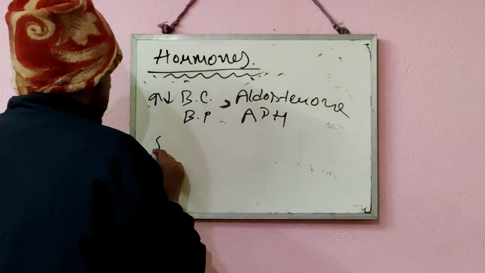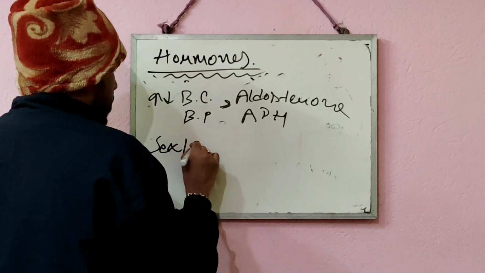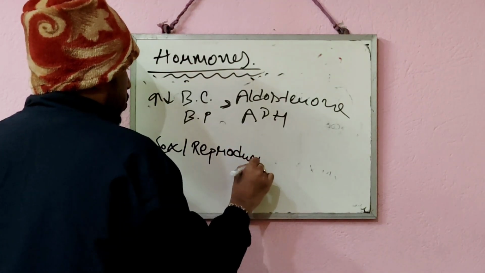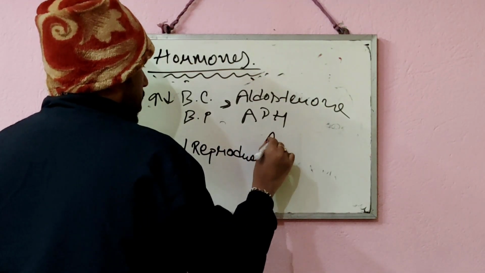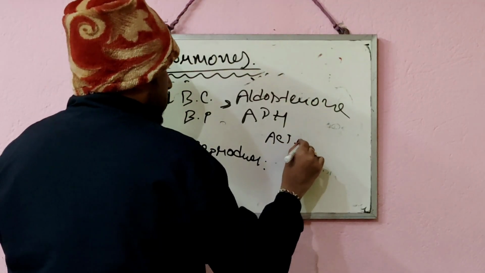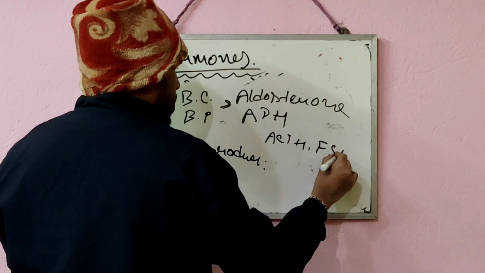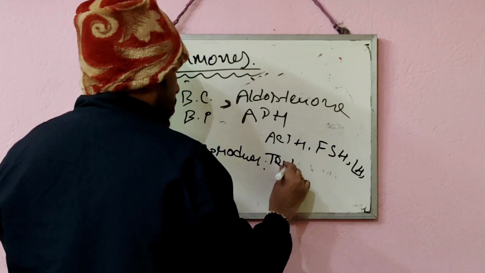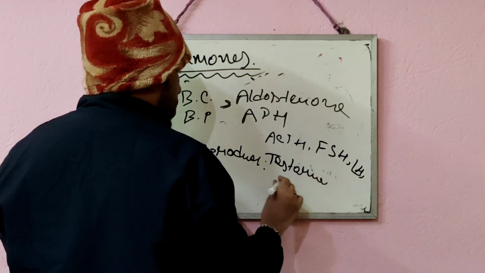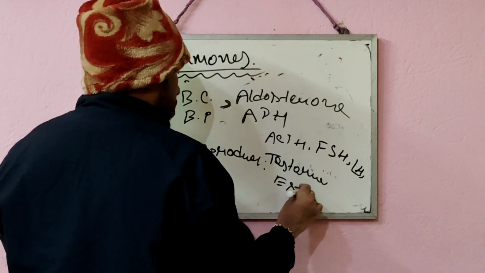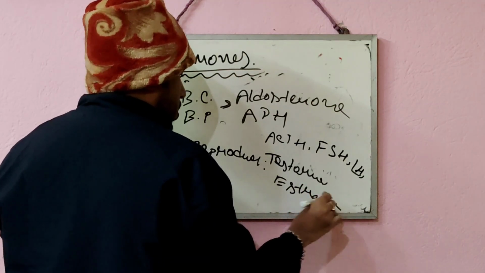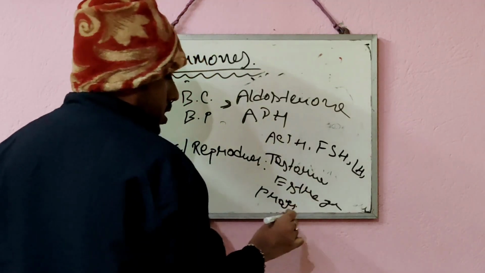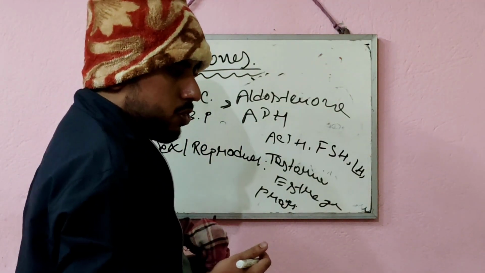Then we have sex related or reproductive related functions, generally done by gonadotropin hormones like ACTH, follicle stimulating hormone FSH, luteinizing hormone LH. Then others are testosterone, estrogen, progesterone, etc. And others are also there.